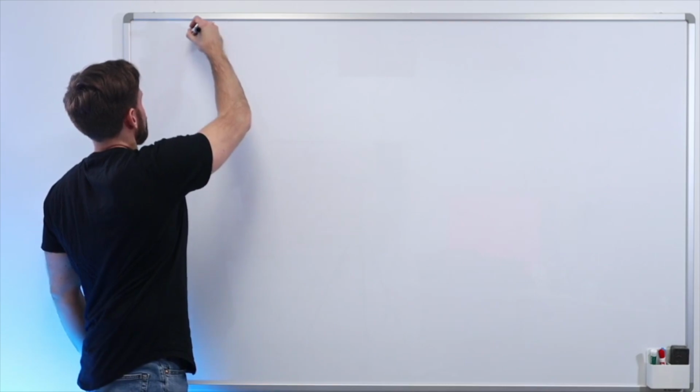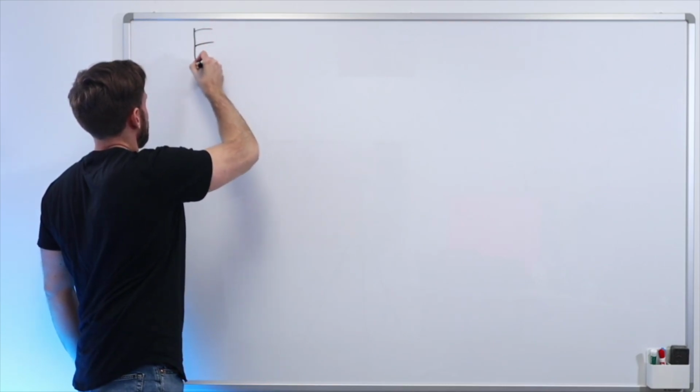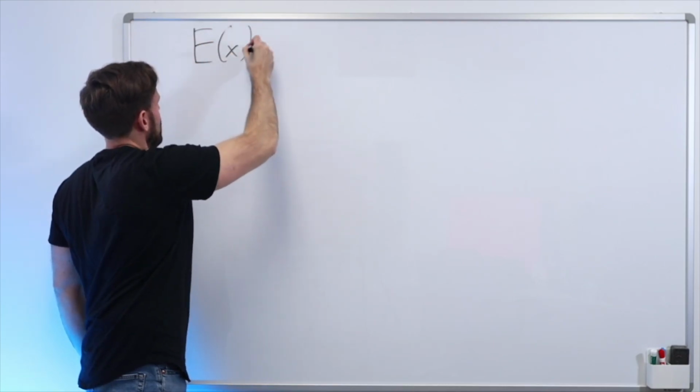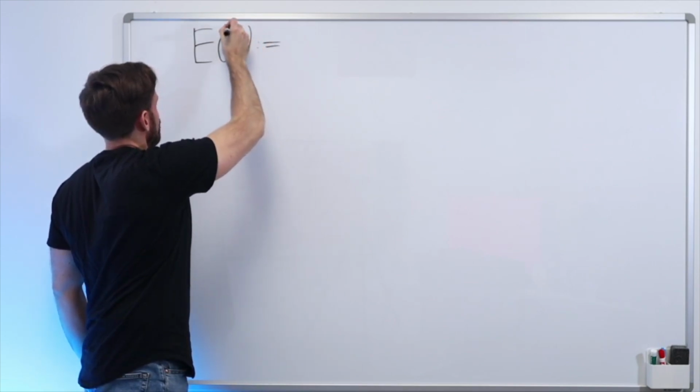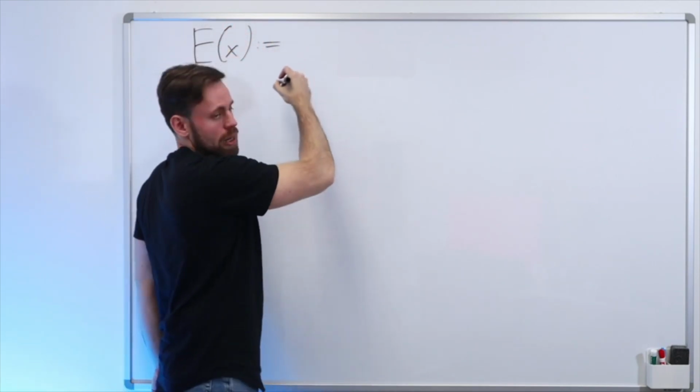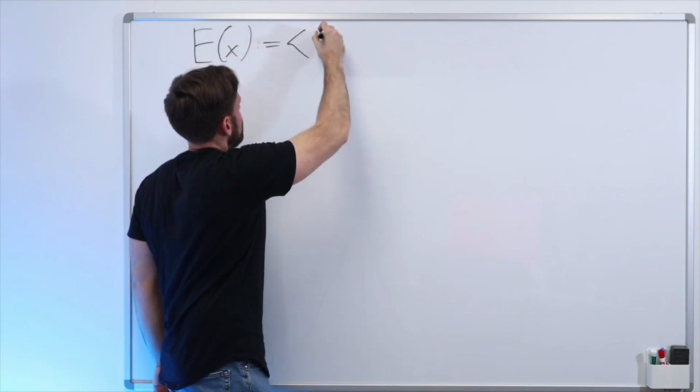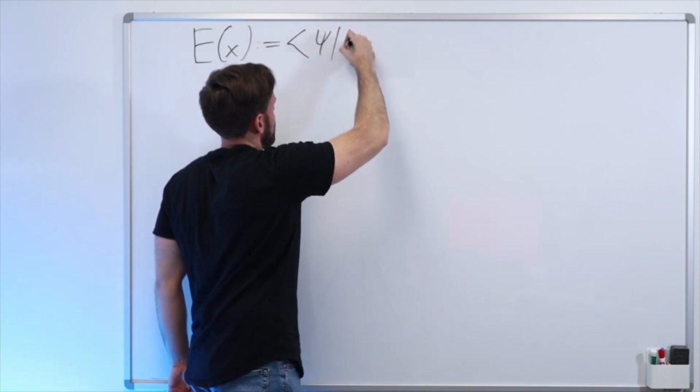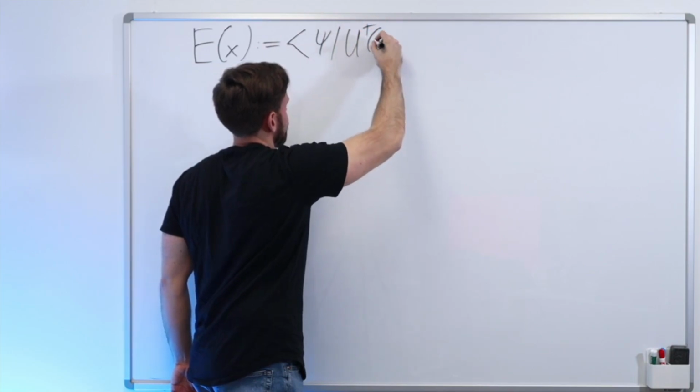First, let's introduce the expectation value of an operator B. We can write it up as a function E(x), taking a single scalar input, such that the expectation value is this expression.